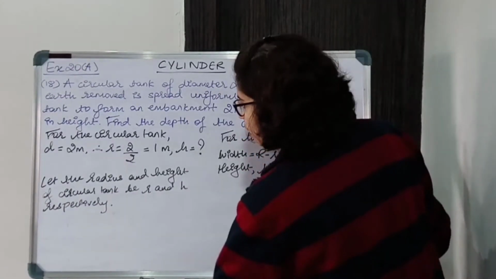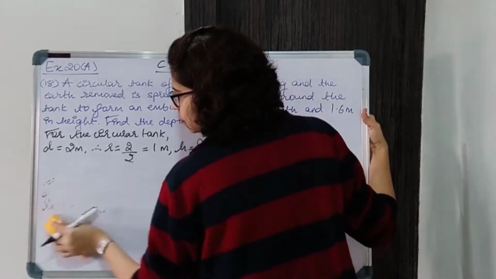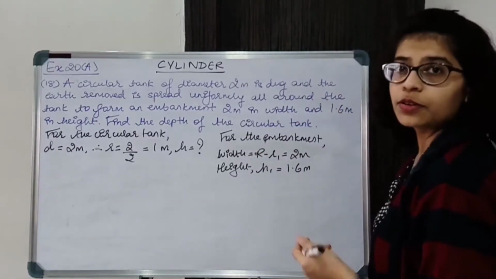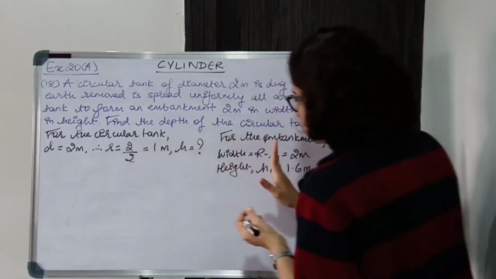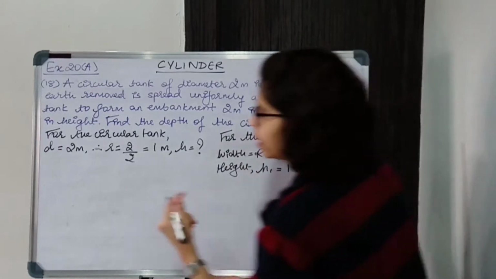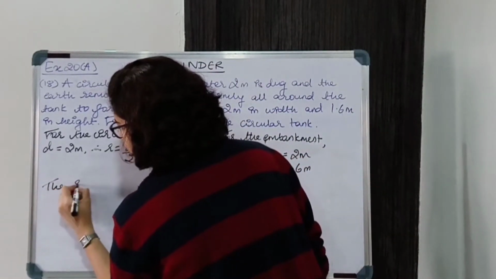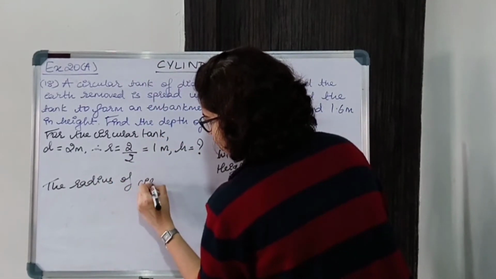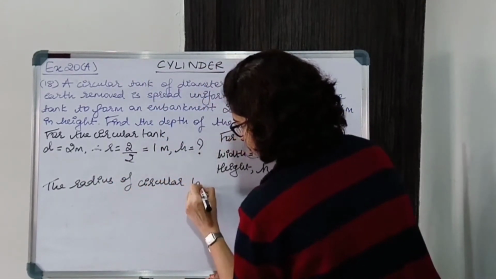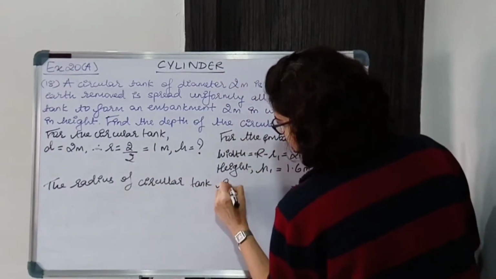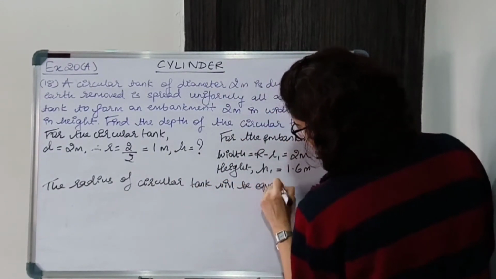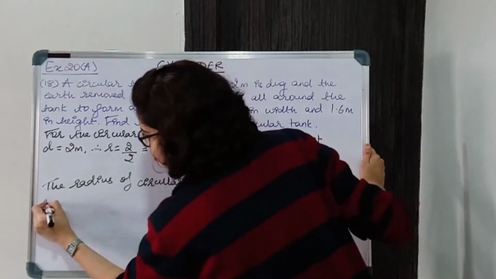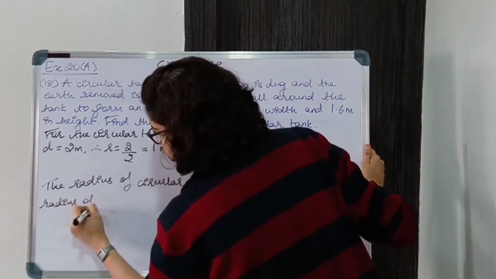Okay, now over here we just discussed that its radius is equal to the inner radius of the embankment, so we'll write that down. The radius of the circular tank will be equal to the inner radius of the embankment.